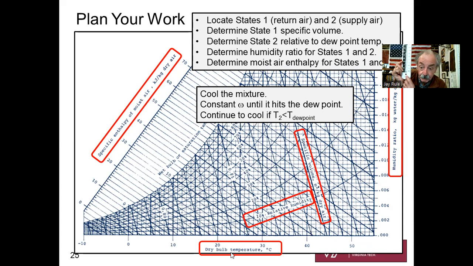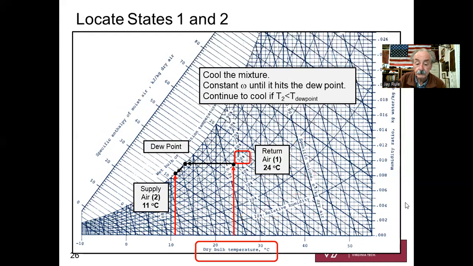There's the dry bulb. The y-axis is humidity ratio, kilograms of H2O vapor per kilogram of dry air. And then we've also got axes called specific volume, cubic meters per kilogram of dry air. We've got some lines there. And we've also got relative humidity curves, 10, 20, 30, 40, 50, 60. Pretty complex.